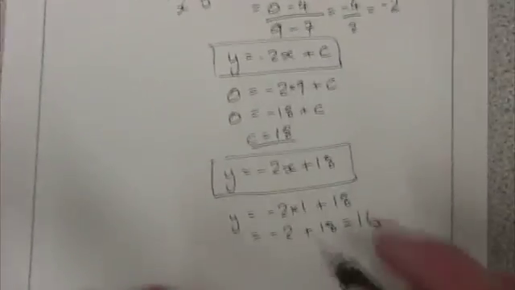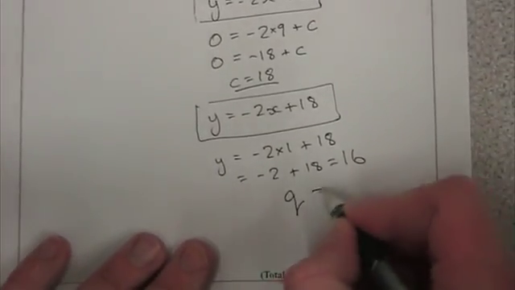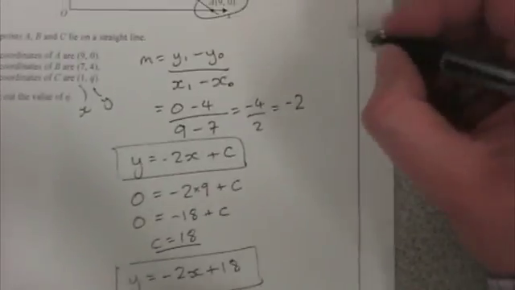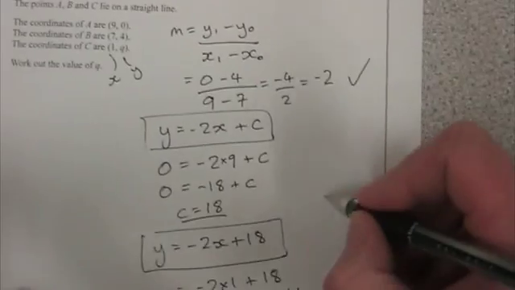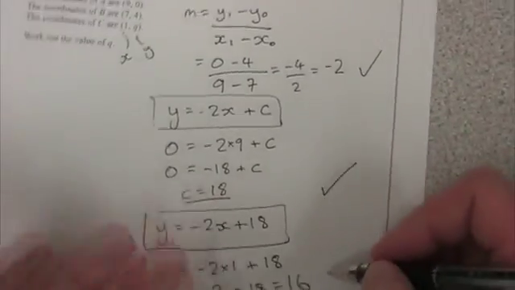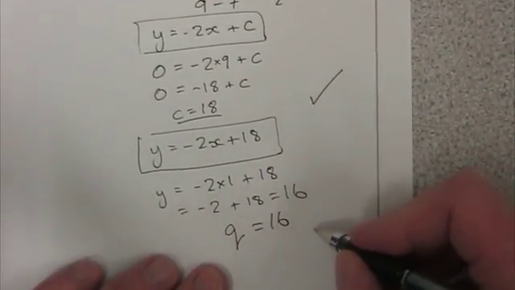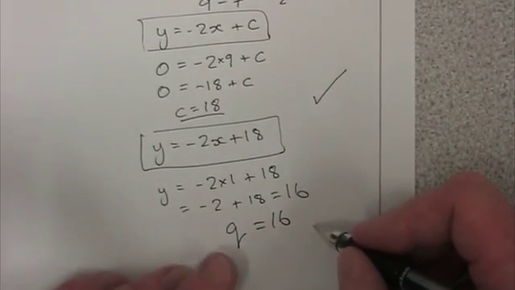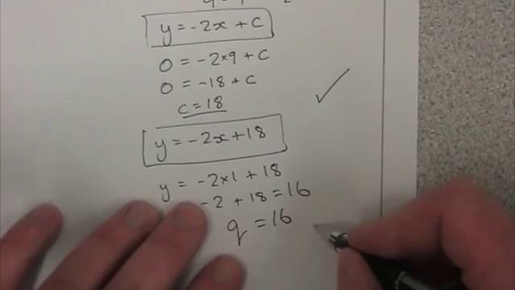So the value of y, or actually it's q, is 16. Okay, it's a 3-mark question. 1 mark for establishing the gradient, 1 mark for establishing the intercept, and 1 mark for correct substitution and finding of that y value, which they lettered as q.